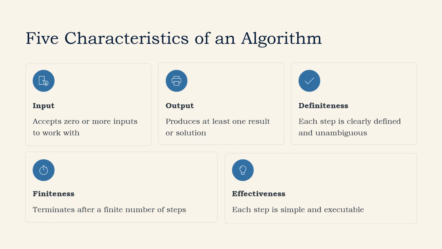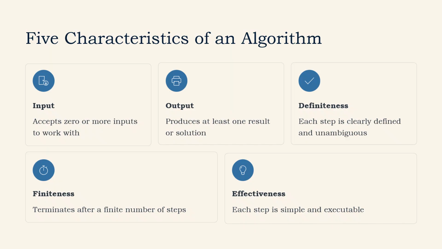Next one is finiteness. An algorithm must end after a finite number of steps. It should not run forever. There must be a starting point and an ending point. For example, we start, then take the input, process it, output, and then stop. Next one is effectiveness. Each step in the algorithm must be simple, basic, and executable.